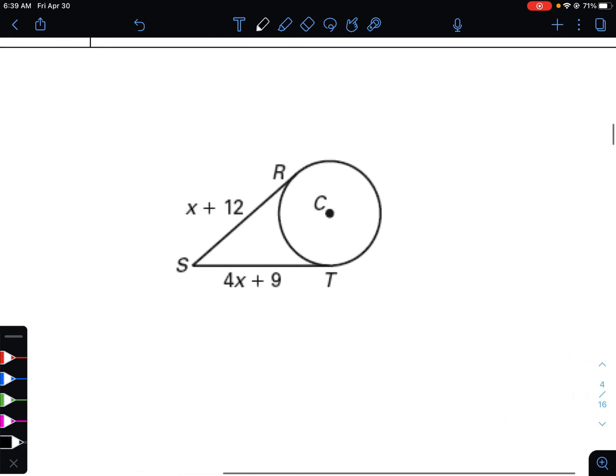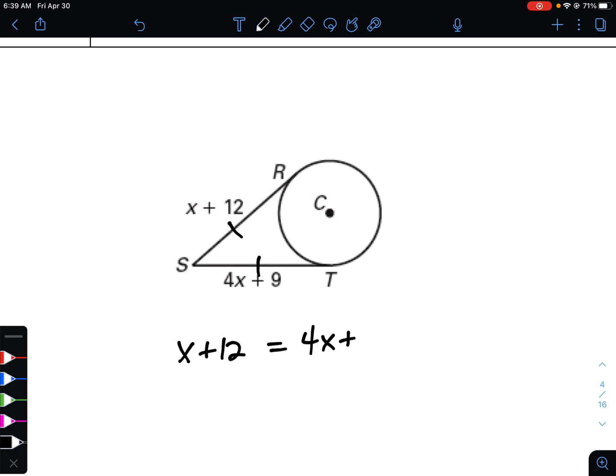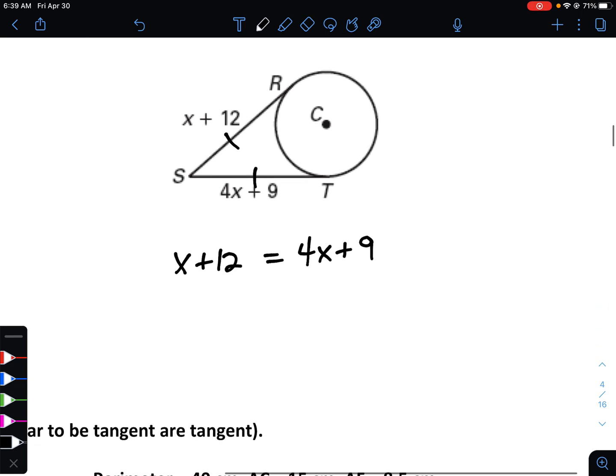We can do that same thing on this next example as well. Notice that we've got our two segments, so we set those equal to each other. So x plus 12 gets set equal to 4x plus 9, and now we just solve for x. Let's subtract x from both sides.